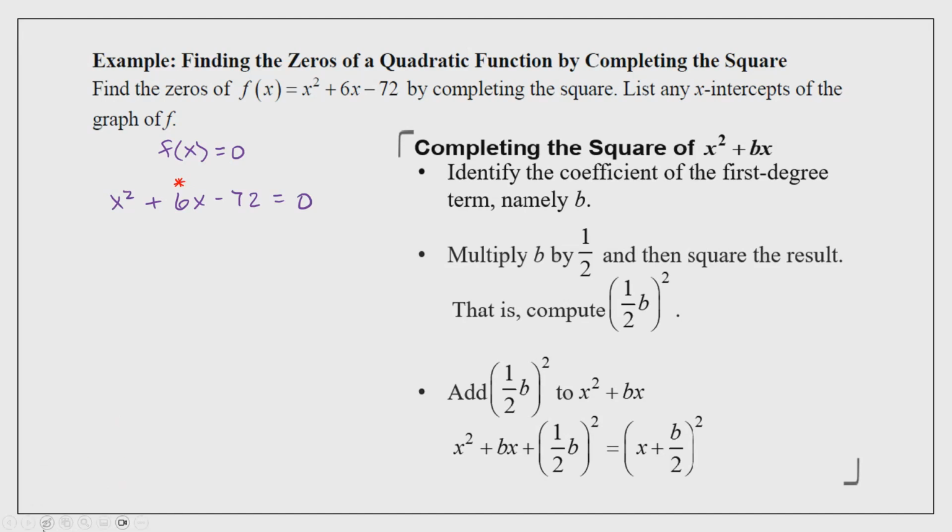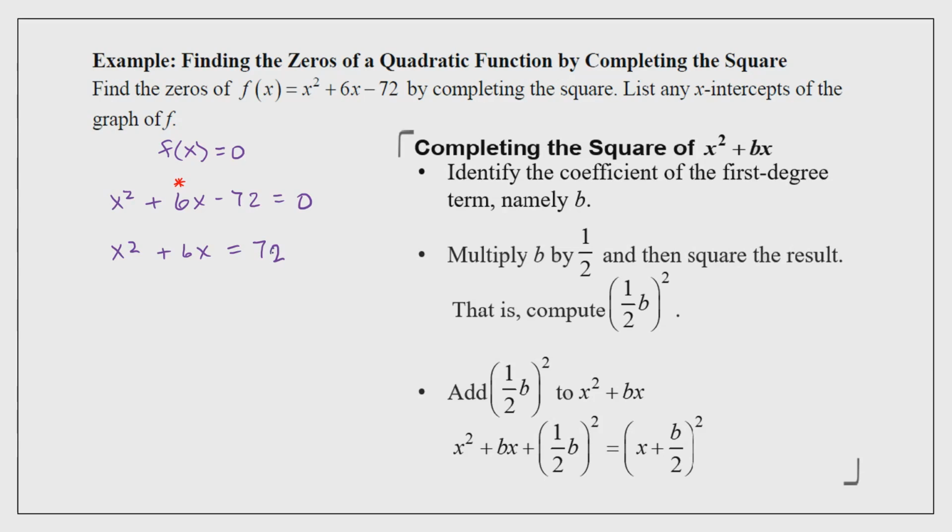Once you've identified b, your next step, which isn't mentioned here, is to move your constant term to the right-hand side. So we'll have x squared plus 6x equals 72.